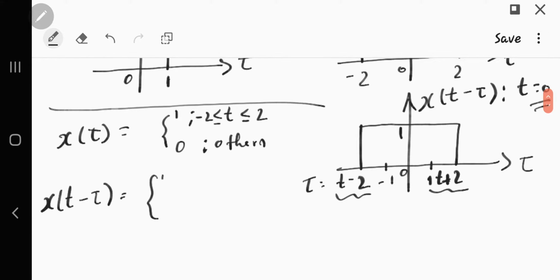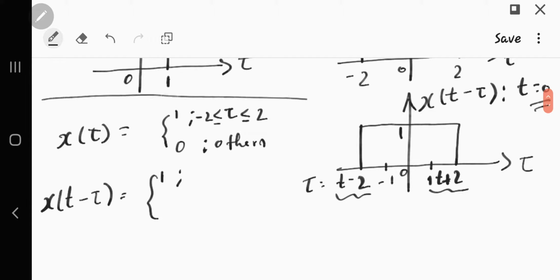Now if you want to define this, this is x of t minus tau. Now x of t minus tau is also 1, but here comes the limit. Now if you observe, here it is tau, in place of tau, here it is t minus tau.